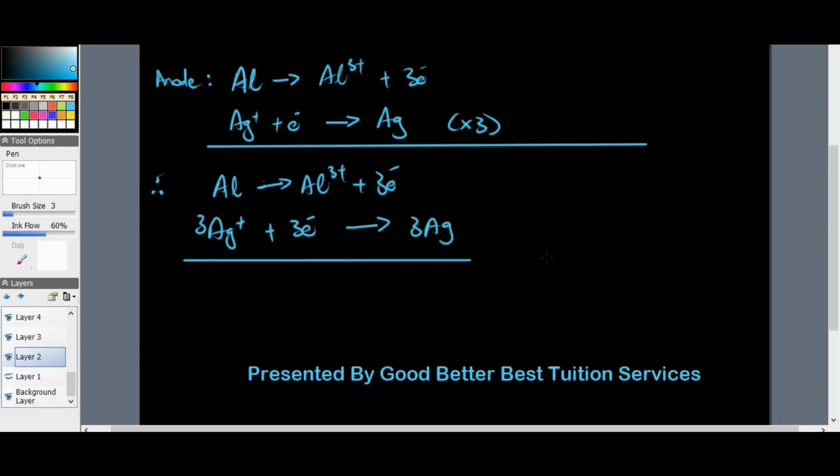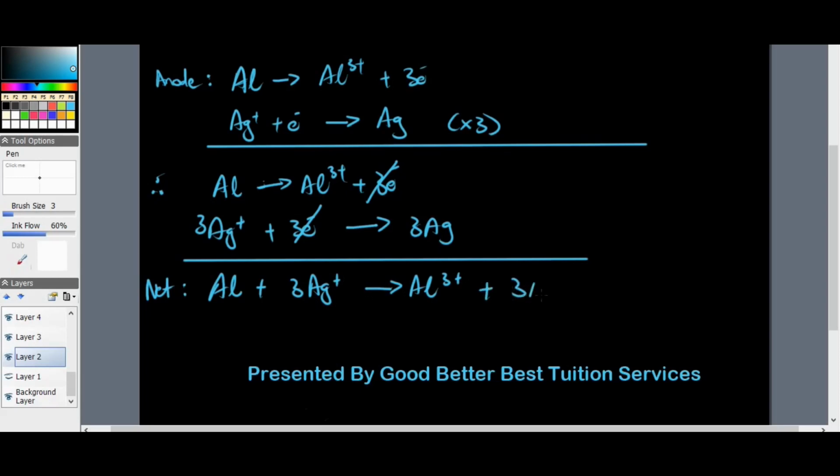Now I can write down the net reaction, because the electrons will cancel. So I should have Al plus 3Ag+ gives Al3+ plus 3Ag, and that should be my net reaction.